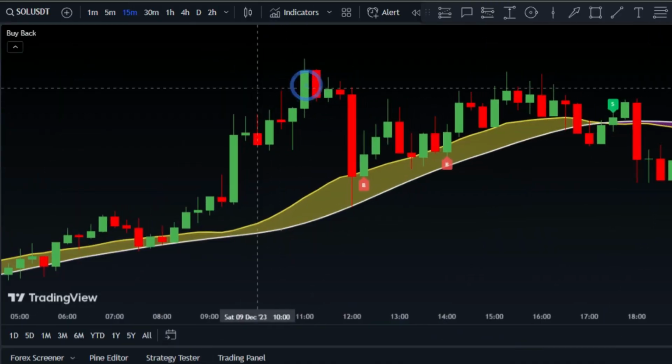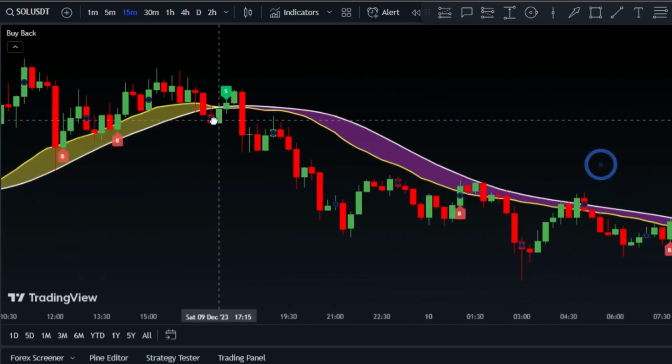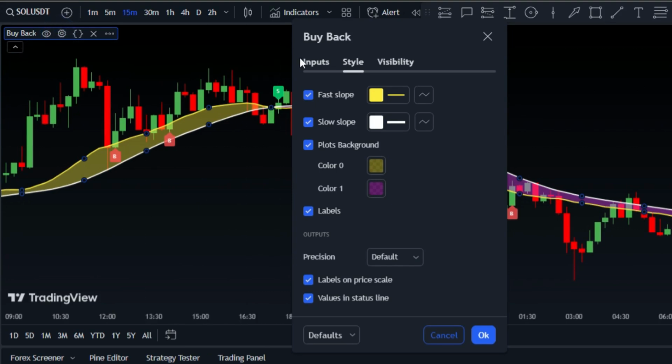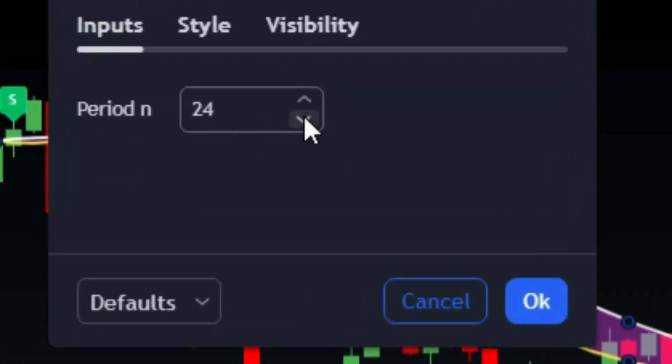But wait, before we start using it, let's customize it to make the signals even more accurate. So let's dive into the indicator settings and give it a little makeover.